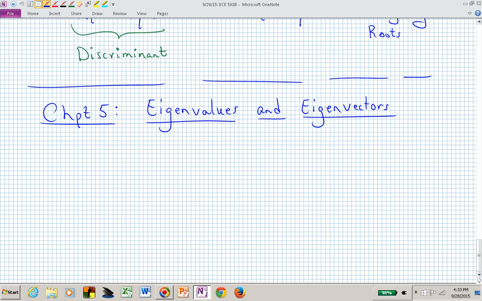Chapter 5. Now let's work with eigenvalues and eigenvectors. And now what are we using? Now we are assuming that we have operators. Our domain and codomain are the same vector space.